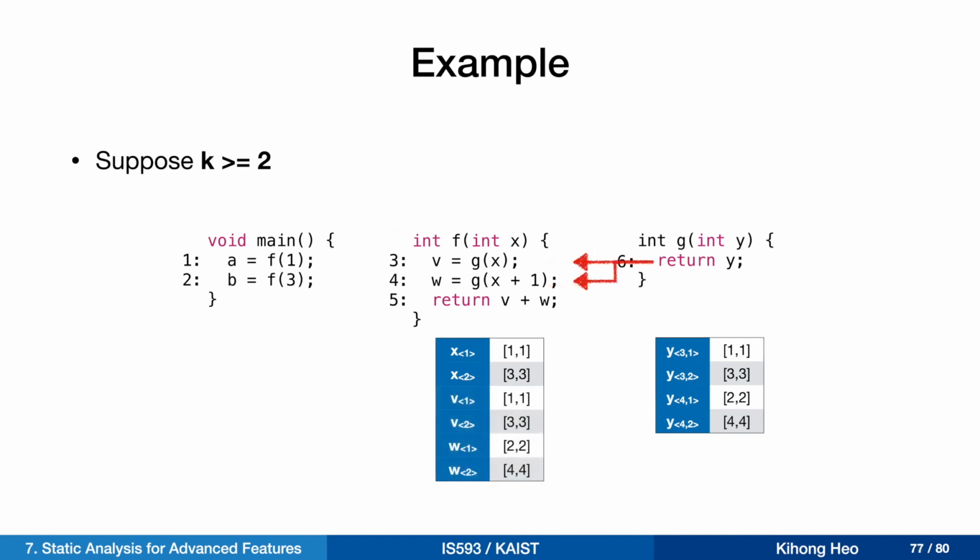Because of this, the analysis can compute precise return values like this, and then finally it can compute the most precise abstraction of the concrete semantics for the variables in main, and finally we reach the fixed point.